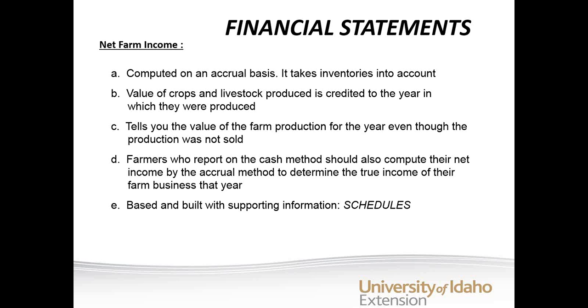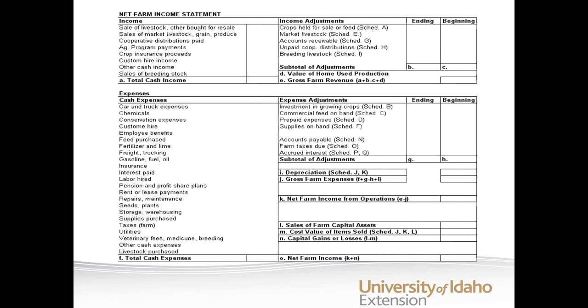And many of these balance sheets include a full schedule of subcategories, a schedule of inventories for livestock, inventories for crops. They also include the categories of bills that are payable and accounts receivable.